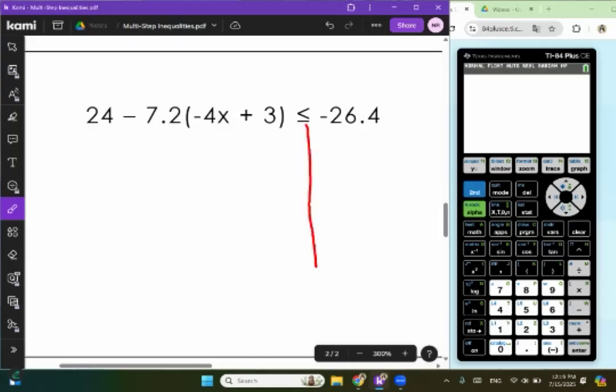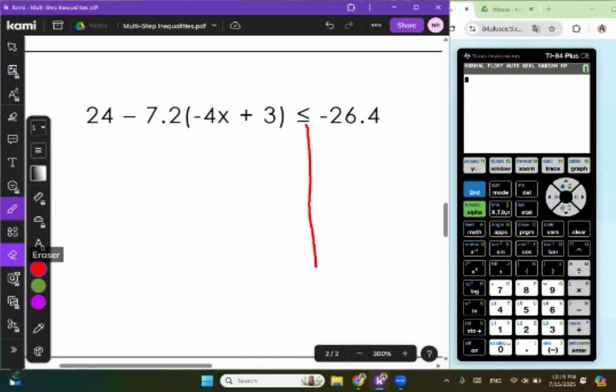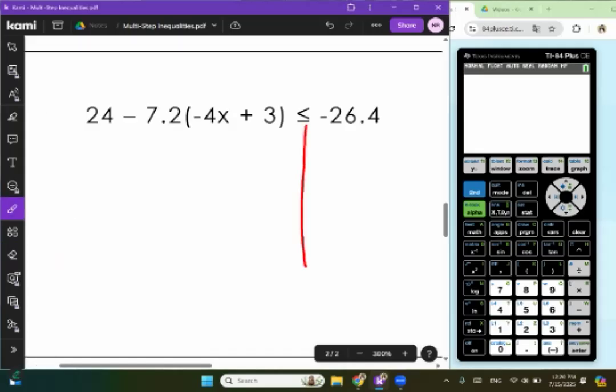Okay, here we go. Oops. Such a crooked line. Why can't I just make a straight line? Close enough. All right, so we do see parentheses. So the very first thing we're going to do is distribute. The number that we distribute is always directly in front of the parentheses. Okay, we're not doing anything with the 24, so I bring that down.